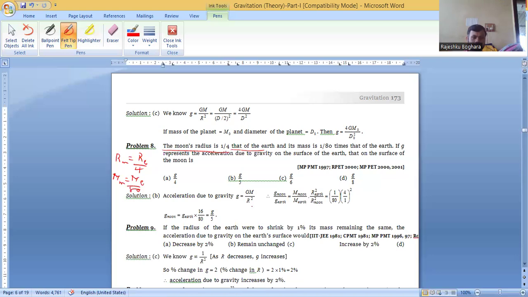So g equal to GM by R square. Now take moon by Earth: M moon by M Earth, and in the denominator R Earth square by R moon square. R moon by R Earth is equal to 1 by 4, and R Earth by R moon is equal to 4 by 1. So 1 by 80 into 16, so 1 by 5. So g moon is equal to g Earth by 5.